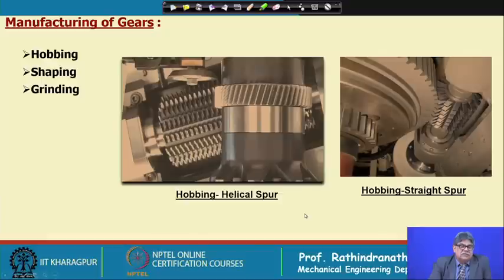Now, next the grinding. This grinding is like a surface which is presenting the rack, and then it rotates as well as the gear also rotates.